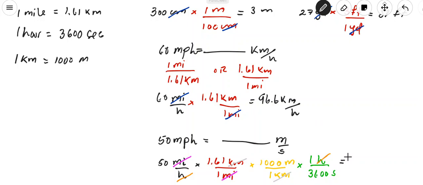Let me say 22.4. So 22.4 meters per second. So I did a conversion in this way.